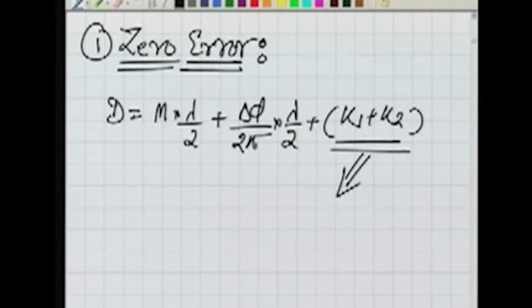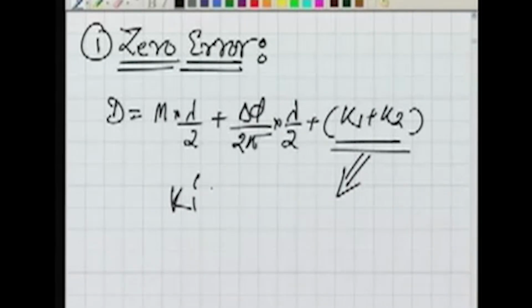But it might happen that those k1 and k2 values were the initial values. You know why k1 and k2 are required? These are because of some configuration in the instrument.